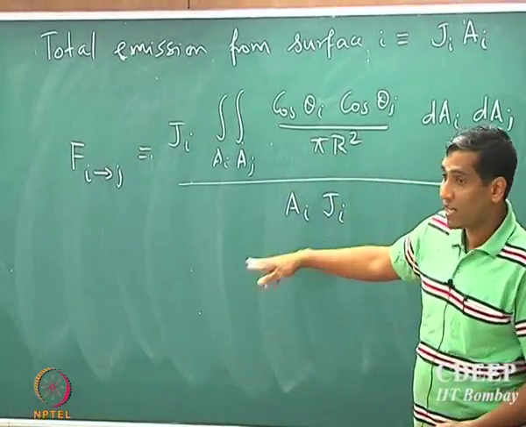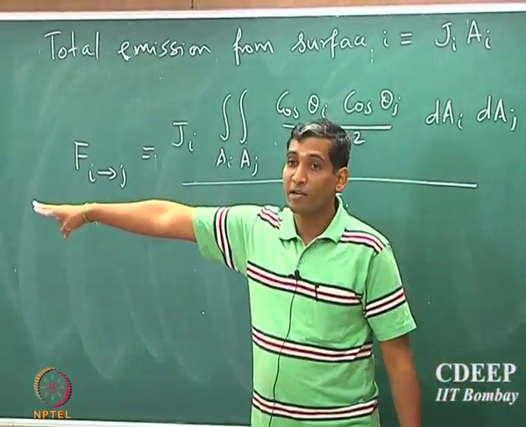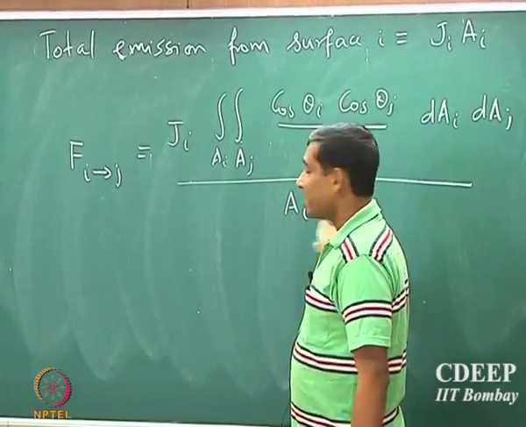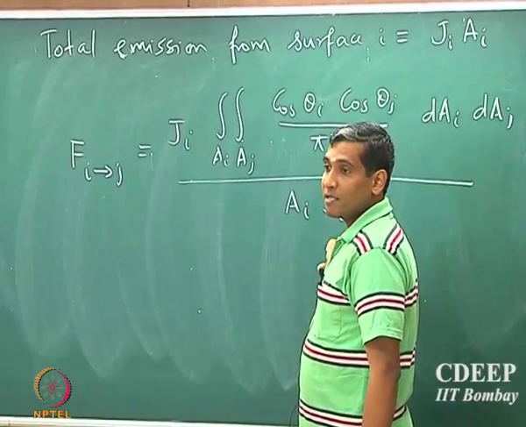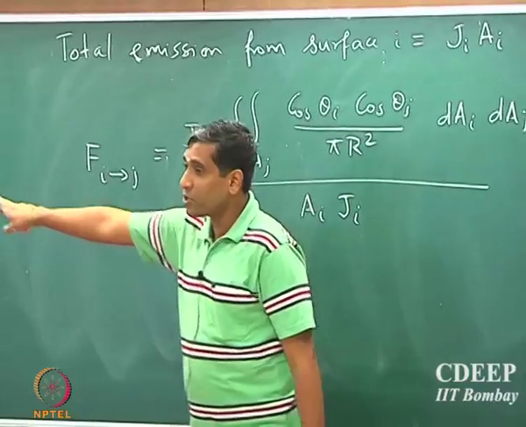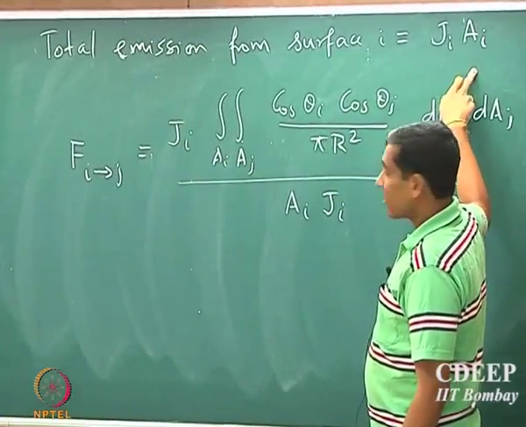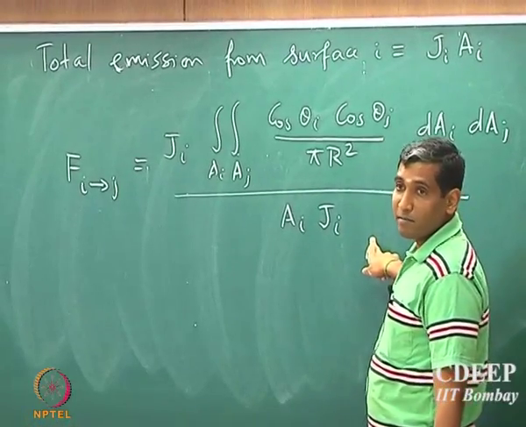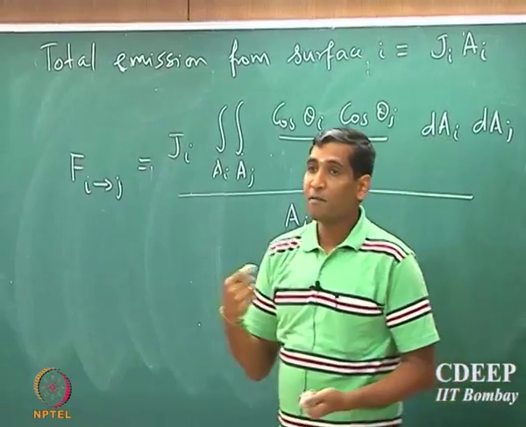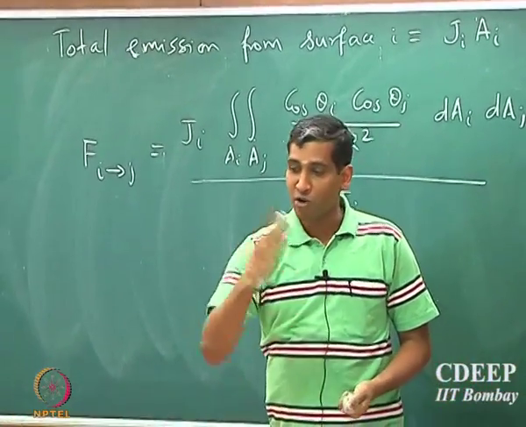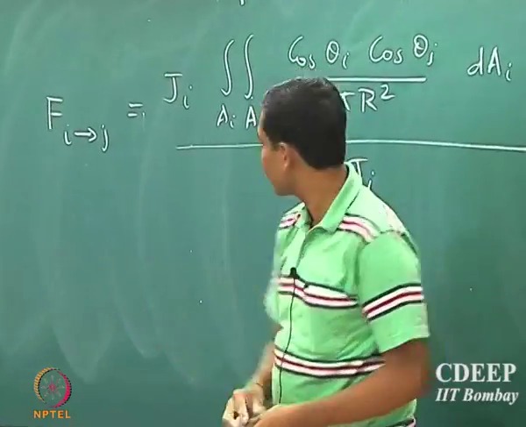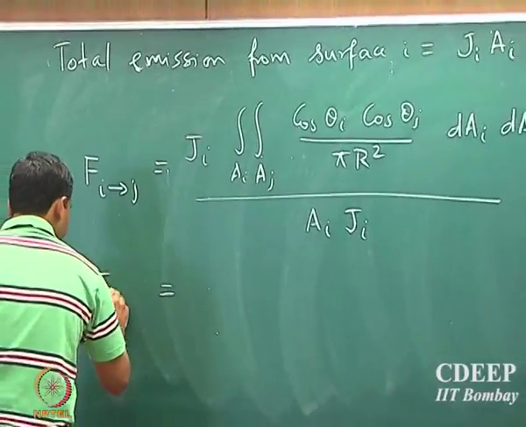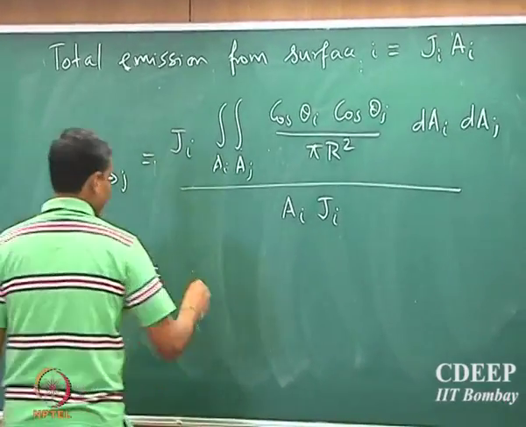Note that this is valid only when it is a diffuse emitter, otherwise this J will go inside the integral and you will have to integrate over the whole area. If it is diffuse, then the area scales out like this, otherwise the differential emission plus reflection will depend on the position. Now I can cancel out the Ji's.